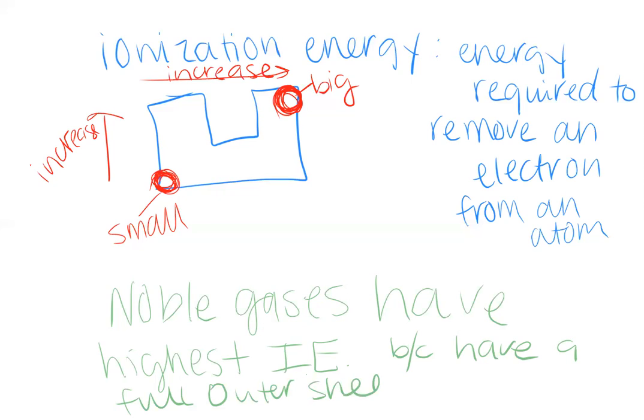What that means is it's really hard to take an electron away from a noble gas. So it's hard to remove their electrons. Therefore, it's going to require a ton of energy to take them away.